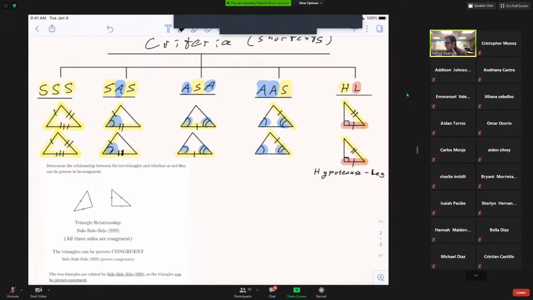So HL only works with 90-degree triangles, what we call right triangles. You have to have that for HL to work. All the other ones, it doesn't matter. You can use them for anything. But HL will only work with 90-degree right triangles. And that's it. Those are all the shortcuts that work.